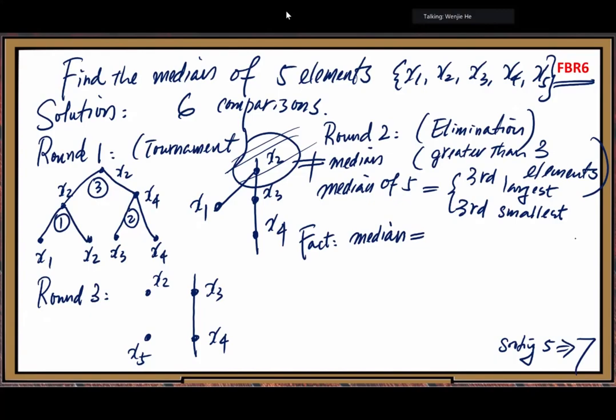Let me draw a diagram here. 5 elements, right? The median is this one. But now you eliminate 1 element that is above the median, one of the top 2.